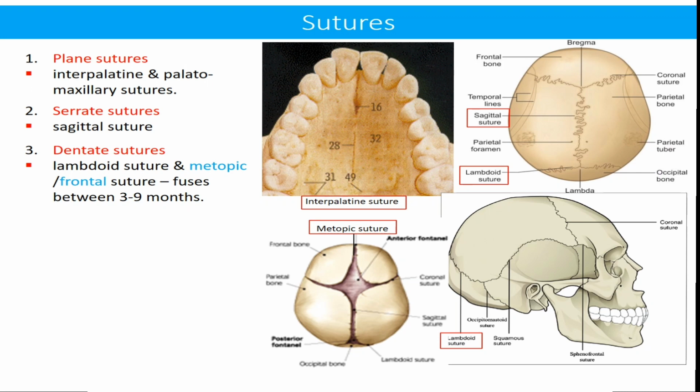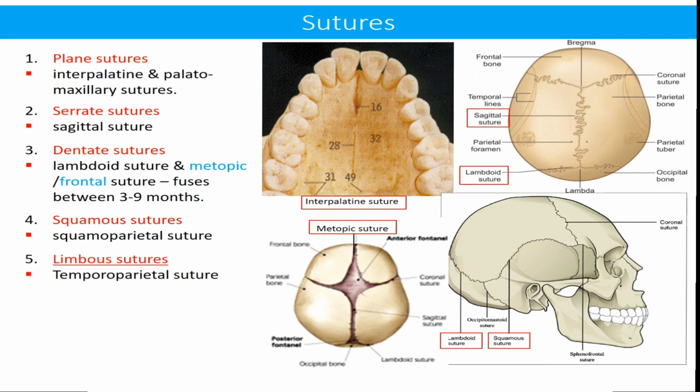Examples, lambdoid suture and metopic suture. Number four, squamous sutures. Examples, squamoparietal suture, especially the posterior part. Number five, limbous sutures, temporoparietal suture, especially the anterior part.